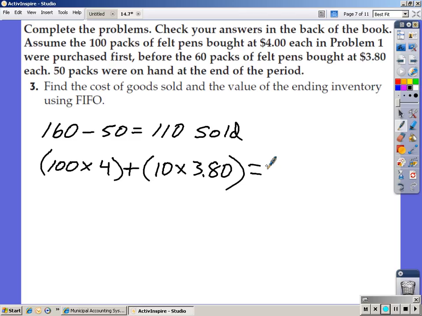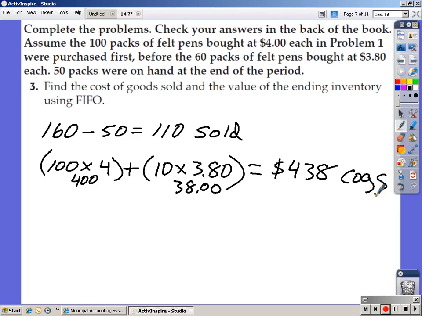Okay, so 100 times 4 is 400. 10 times 3.80 is 38. So that means $438 is my cost of goods sold, or also known as COGS, cost of goods sold.